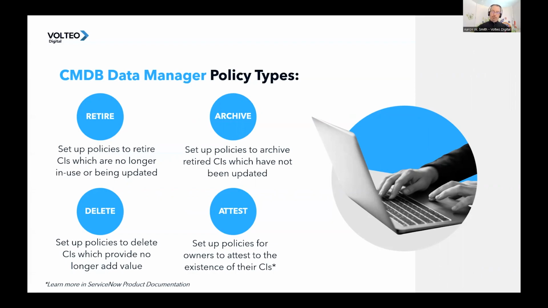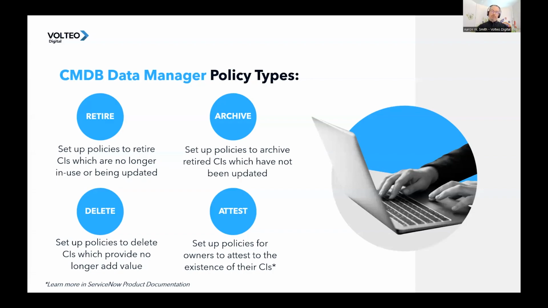So that is a requirement that it must be retired first before we can run a policy for archiving. So we can archive retired CIs, which are no longer being maintained, no longer are adding value. Or optionally, we can also do a delete policy. A delete policy, of course, allows us to delete the CIs, which of course we no longer want in our CMDB.